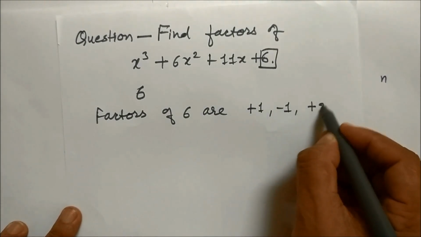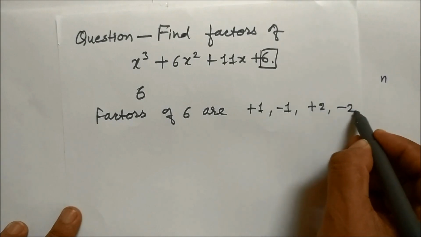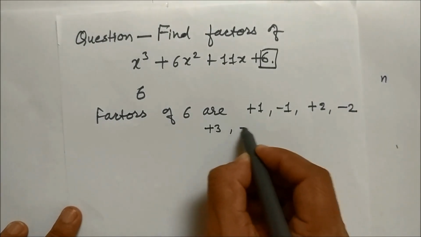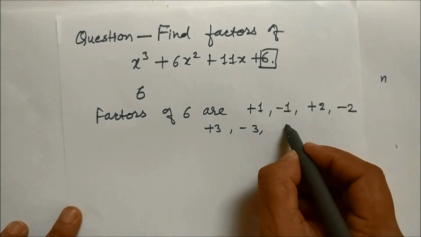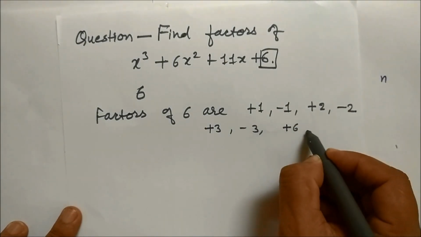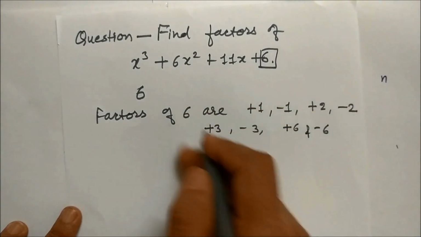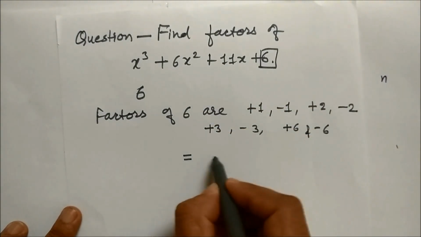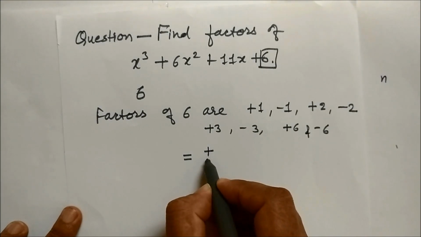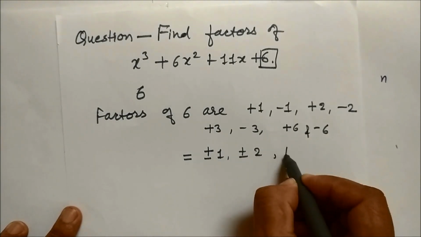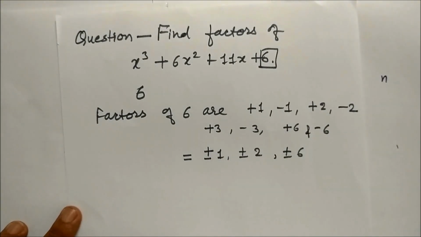It is also divisible by 2 as well as minus 2. Similarly 6 is divisible by plus 3 as well as minus 3. It is divisible by plus 6 as well as minus 6. So we can say that these all are the factors of 6, or we can write factors of 6 are plus minus 1, plus minus 2, plus minus 3, plus minus 6.